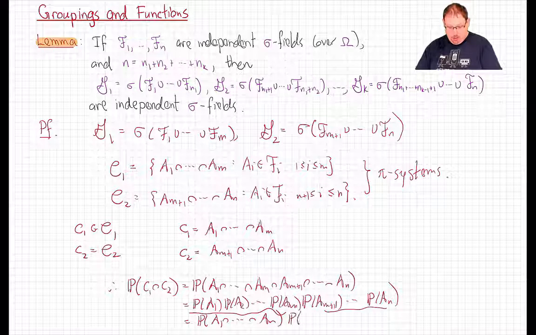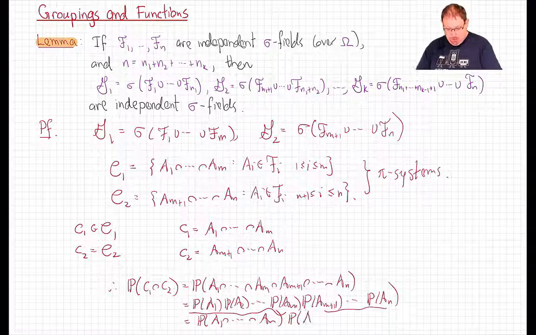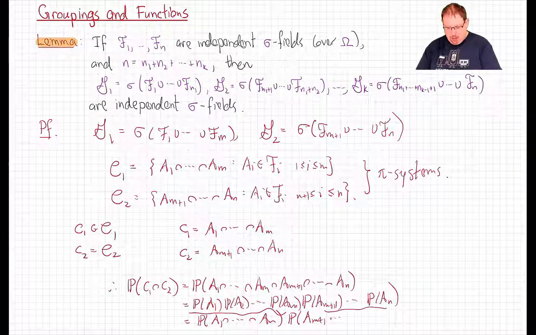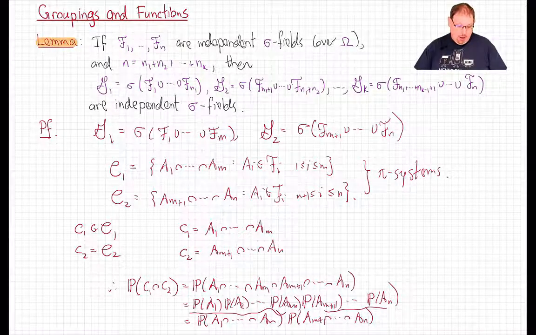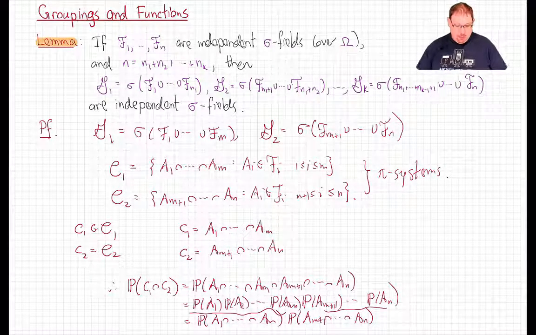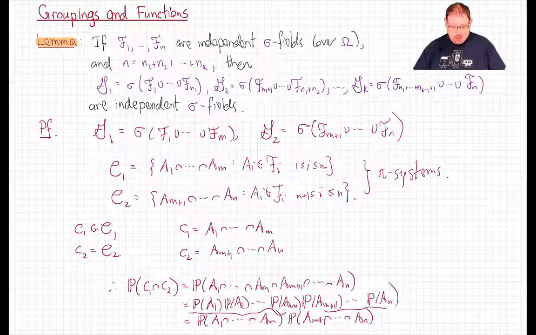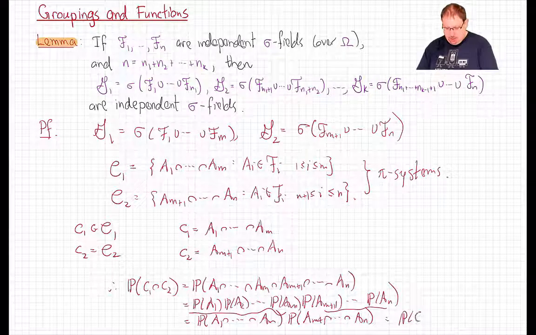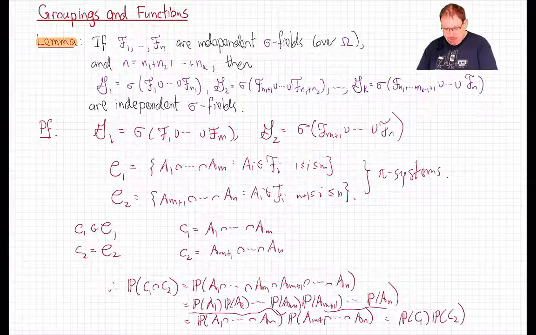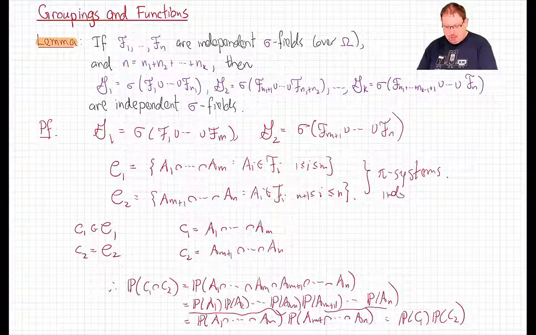And so that product also can be regrouped as the probability of Am+1 intersected up to An. And there you have it. That shows us that for any 2 events C1 and C2 in the classes scripty C1 and scripty C2, the probability of their intersection is the product of their probabilities. And so that shows that these pi systems are independent.